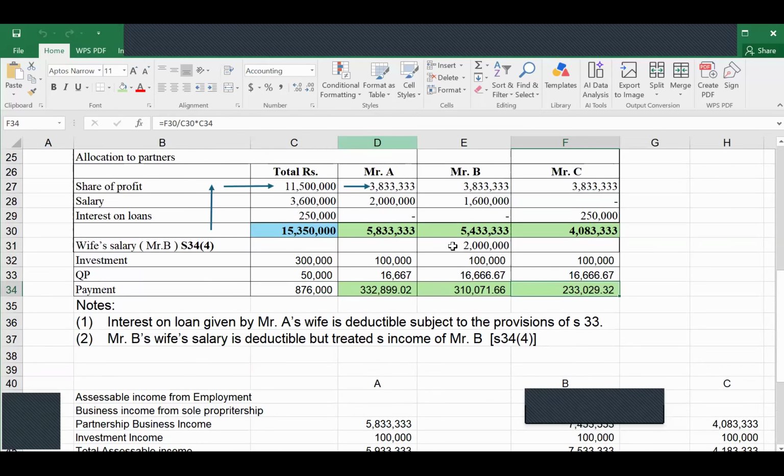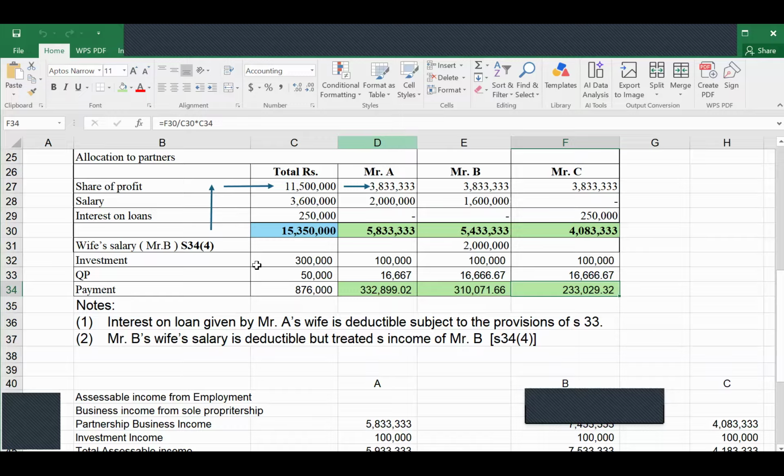So this 2 million is deducted when they are calculating their book profit, and we did not add it back because it is allowable in the hands of the partnership.